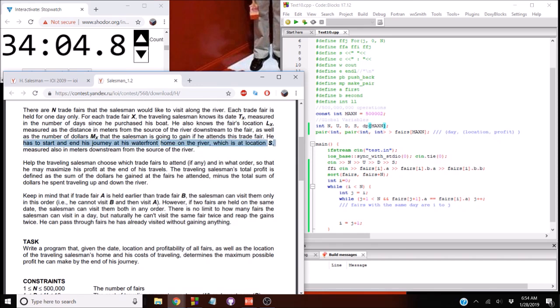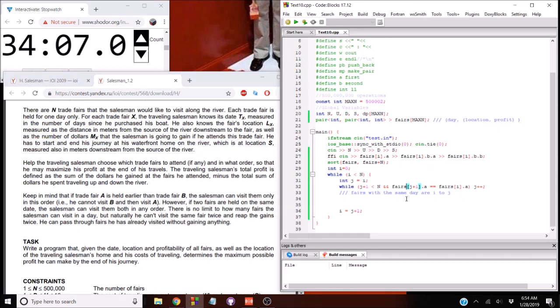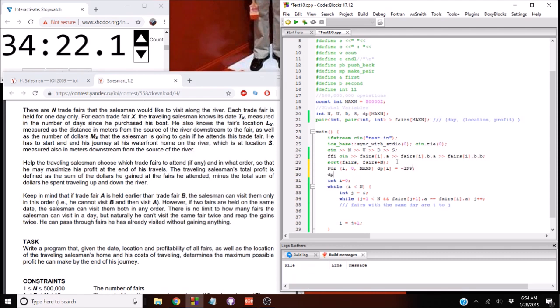He starts and ends at S. That means originally all the DPs should be negative infinity, and then DP[S] equals 0. Probably 2018.